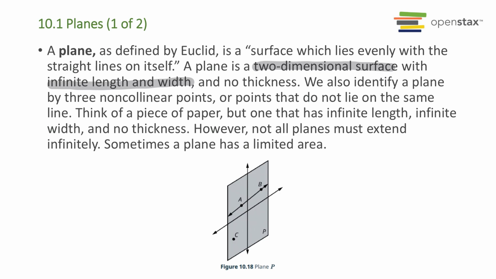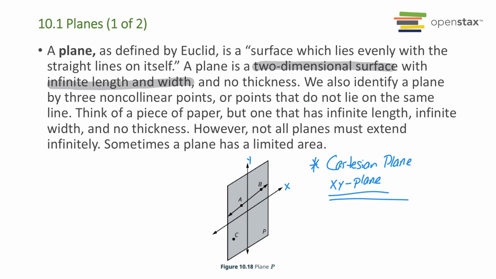And so the most famous plane that we have, that everybody learns about in school, is called the Cartesian plane, also known as the XY plane. So this is where we graph things, is in the XY plane.